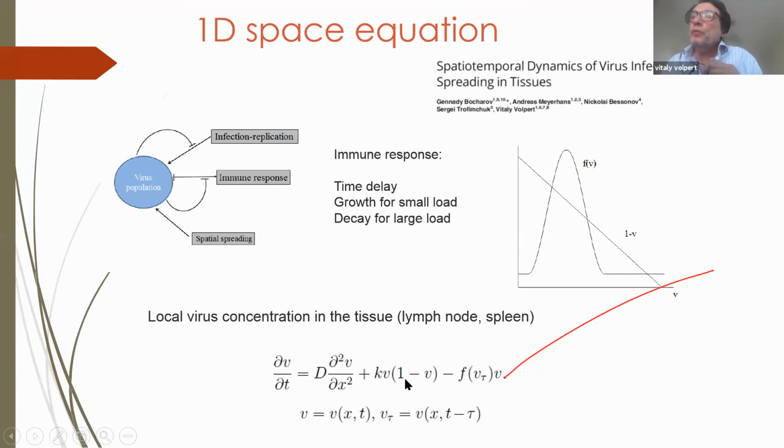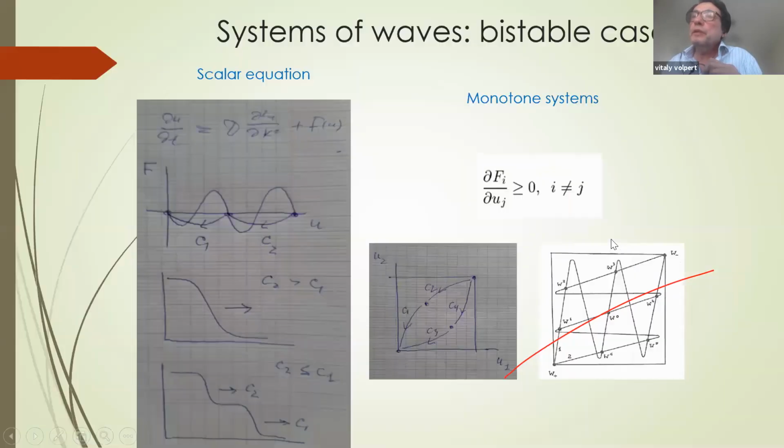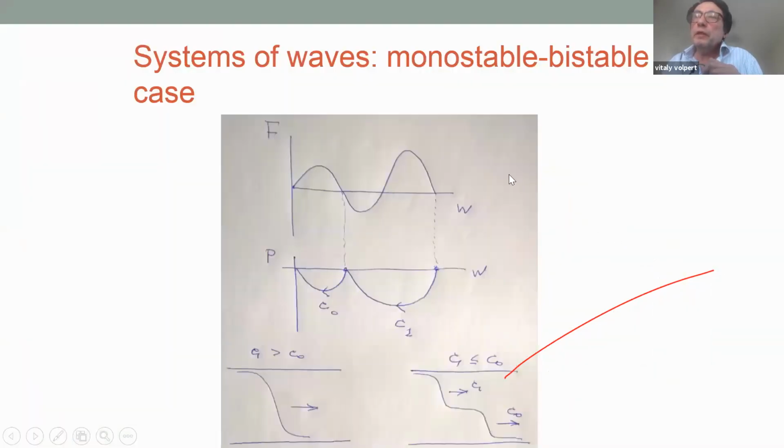So we have here 1 minus v minus f. The difference is positive here, negative here, positive here. So we have this function like that. We can call it monostable here and bistable here.